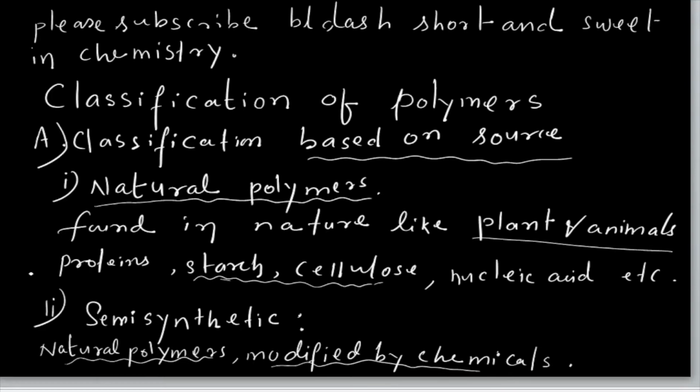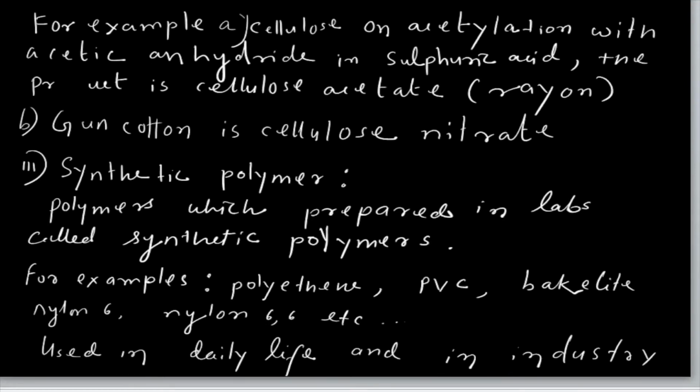Semi-synthetic polymer. Now you can know what is cellulose acetate. You may have heard this word, cellulose acetate rayon. In commercial terms, that is called rayon. For example, cellulose on acetylation with acetic anhydride in sulfuric acid gives the polymer called cellulose acetate.